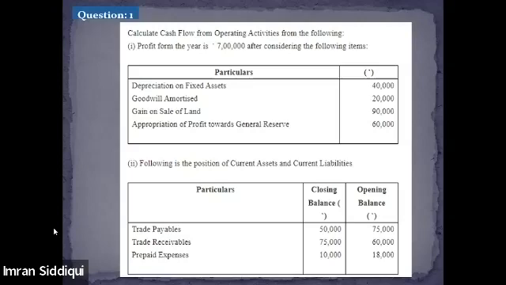Depreciation, we have to add it because it does not cause any outflow of cash. So we have already written these things in the format as well. So first of all, we'll be adding depreciation.